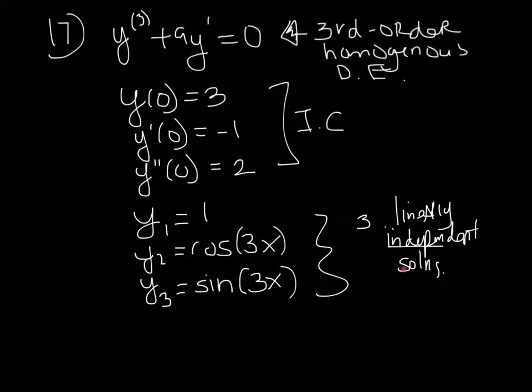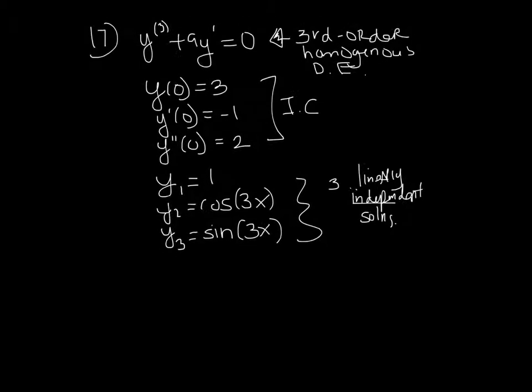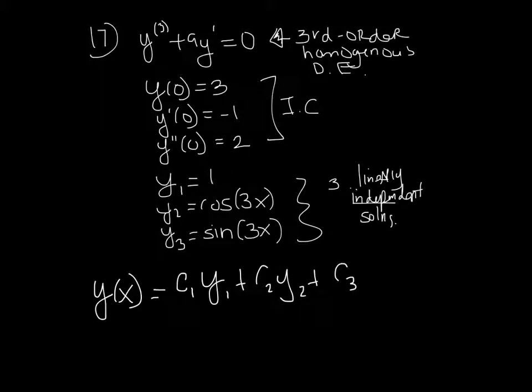But they give us these three linearly independent solutions, and we know that our general solution, we called it capital Y of x in the last one, or y of x, is going to be C1y1 plus C2y2 plus C3y3. Because remember, n is 3 because we're working with a third order homogeneous equation.